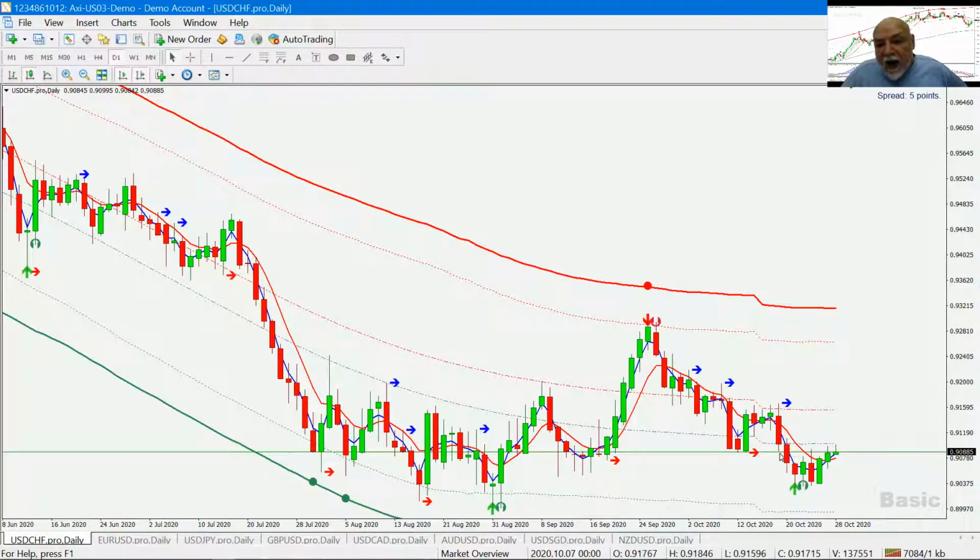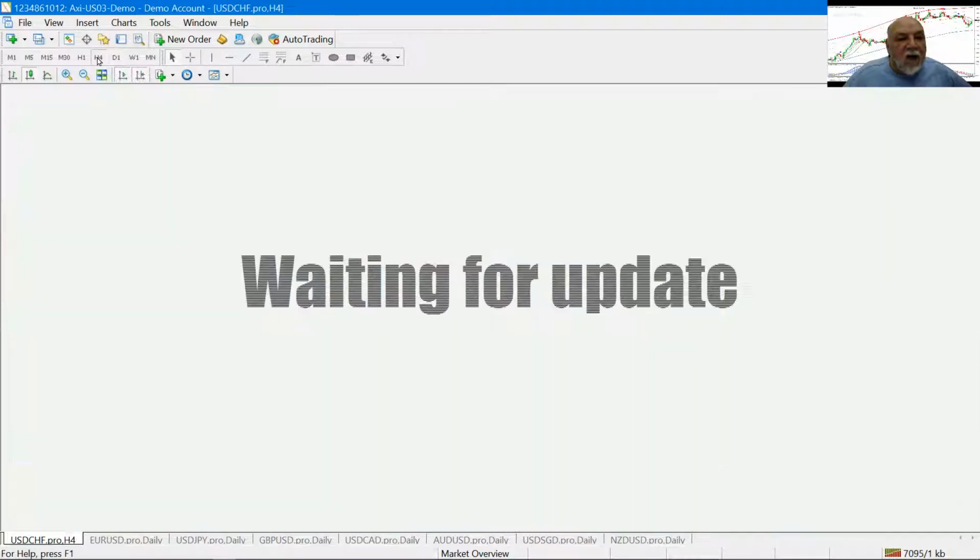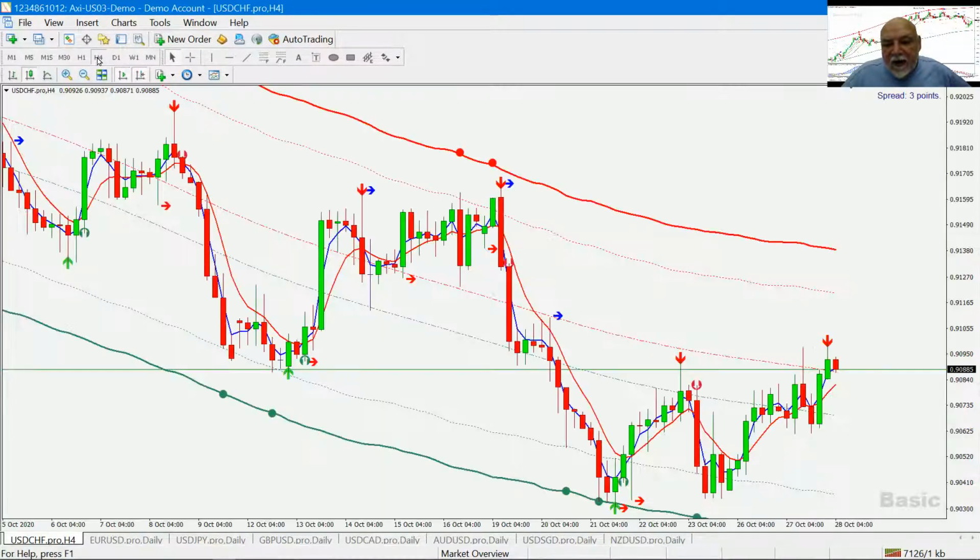So right now, the daily is showing that it might want to go up a little bit. So let's work backwards from here. Now we're on the Swiss, and let's go ahead and look at the 4-hour chart. On the 4-hour chart, you can see that it's telling me that price is rising.